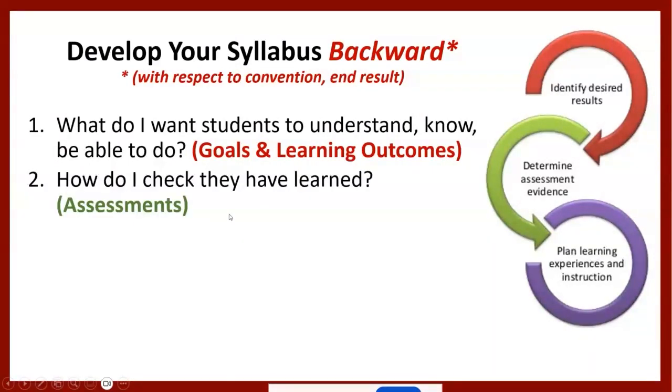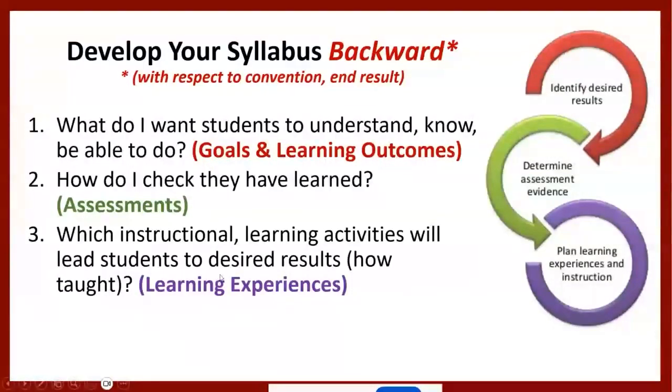How do I know that they have learned? These are your assessments that you're going to do. Have they learned those goals and those learning outcomes that I have? What would be the activities that they do? And how do you teach it in order for them to be successful with those assessments so that they do achieve those learning outcomes?